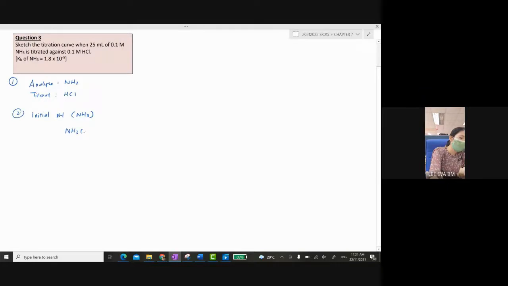When NH3 dissociates in water, it will give you the conjugate acid and the OH minus. So we have the initial concentration, change in concentration, and equilibrium concentration. Given in the question, the NH3 concentration is 0.1, exactly the same as the value just now. So minus X, and then over here, you have plus X.